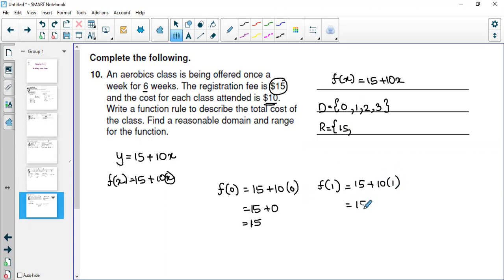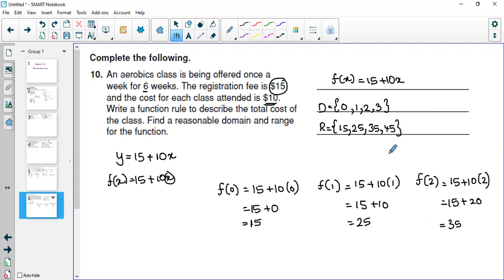That would mean 15 plus 10, which is 25. So the range value is going to be 25. Similarly, you will solve for all the remaining values of the domain which we wrote. So this is going to be 15 plus 10 multiplied by 2, which would give you 35. And for the next one, that's going to be 45.